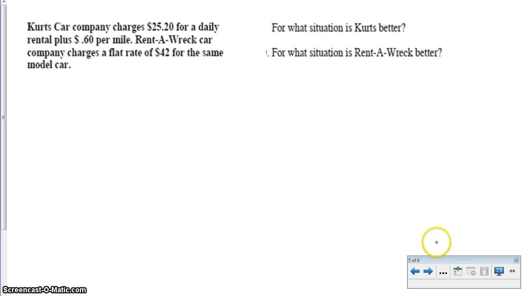Okay, so let's leave it at this one. Hertz Car Company charges $25.20 for a daily rental, plus 60 cents per mile. Rent-to-Wreck charges a flat rate of $42 for the same model car. For which situation is Hertz better? Which situation is Rent-to-Wreck better?